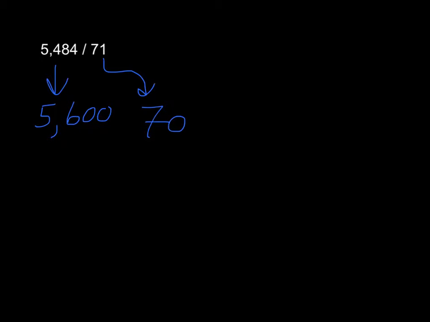We're going to solve it the same way as last time. 5,600, leave some space, divided by 70, and once again we're going to divide it by 10, because 70 divided by 10 gets me 7, which is an easier number to work with.